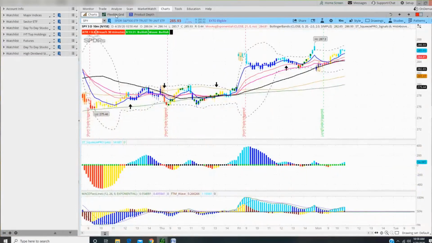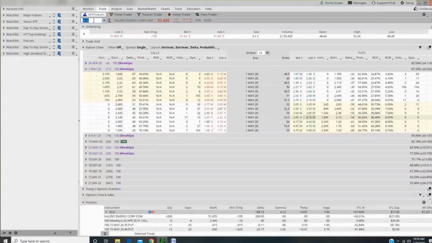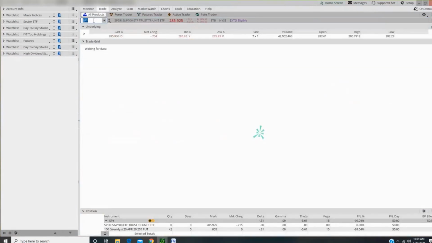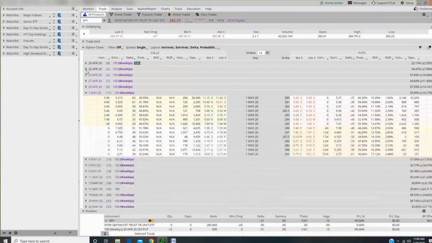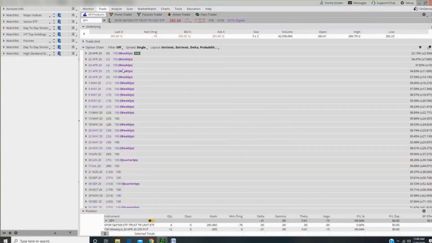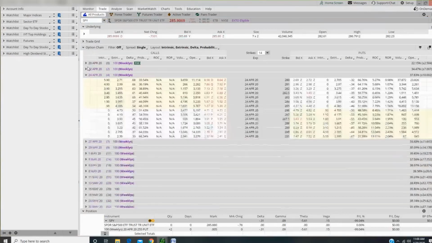What I like to do, and this is just me, is pick about 5 days. I like the 5 days to expiration, or the closest to 5 days. If I look at this option chain right now, we don't have a 5 days. We have a 4 days, we have a 7 days. So more than likely I would do the 4.